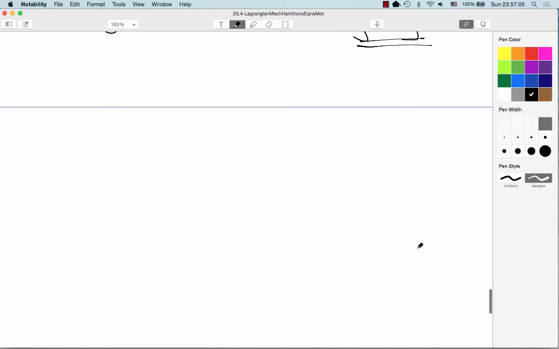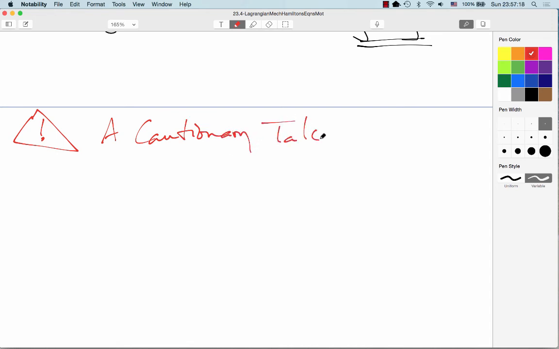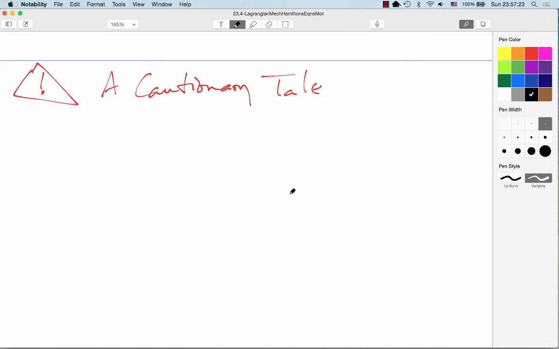Alright, I do want to end though with a cautionary tale regarding our Hamiltonian. Let's say I have a massless hoop, and I will rotate it about its diameter at angular velocity omega.